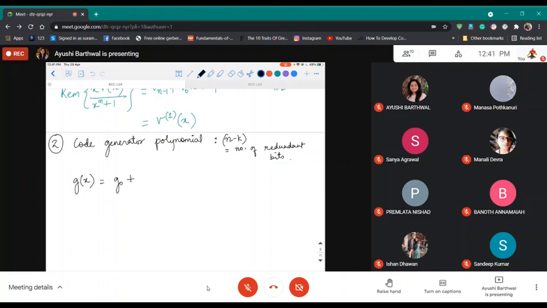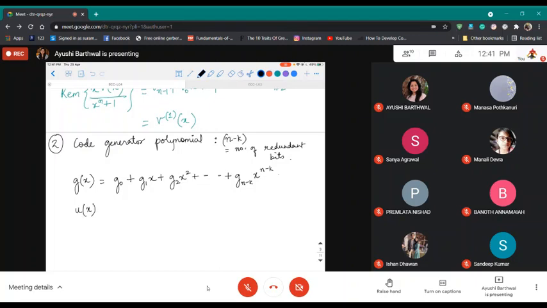So g0, g1x, g2x square, and the highest order would be n minus k. Now suppose you have a data polynomial u(x).